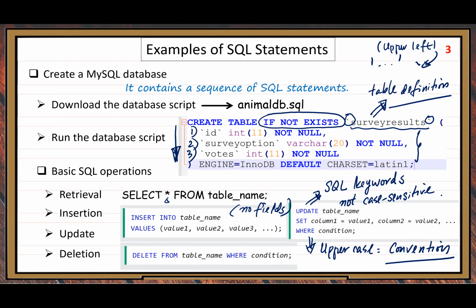So the question is why we use this symbol here. There is some reason. Let me explain the reason. The reason is actually not that simple. Here we know this place is a table name, and these 3 are field names.